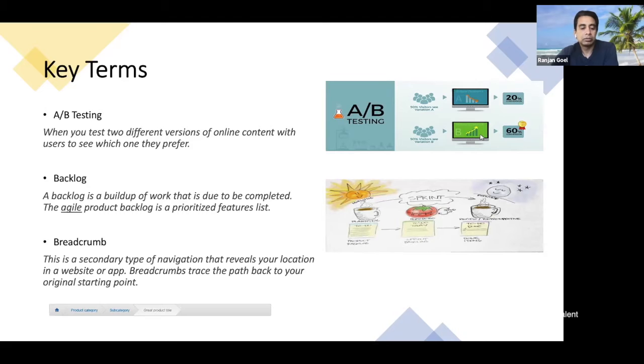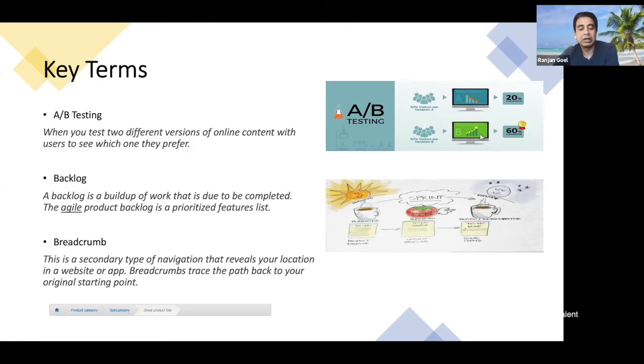Breadcrumb is also a term that will be fairly common among UI and UX. When you hear the term breadcrumb, what it basically means, and I'm showing this in the bottom picture, is you have a view of where you are in your website from a hierarchy perspective.